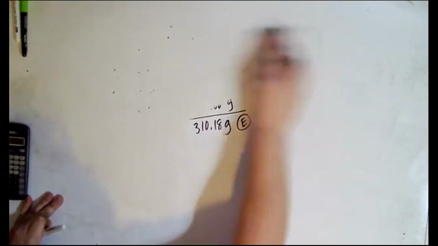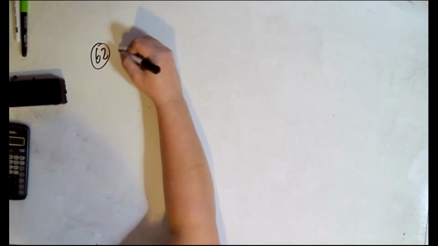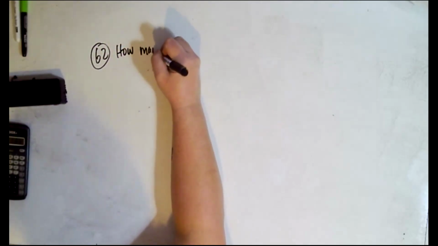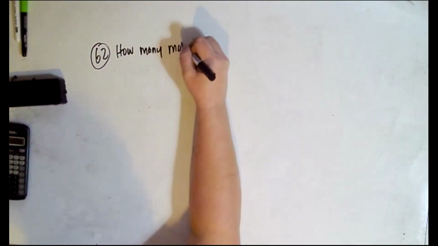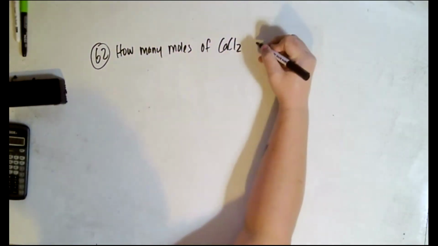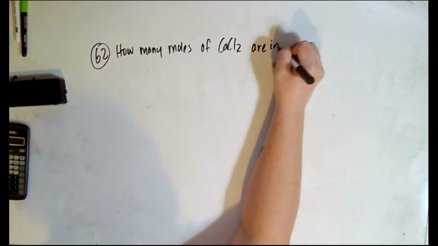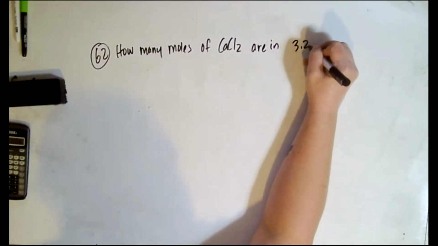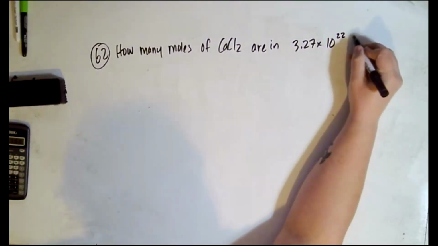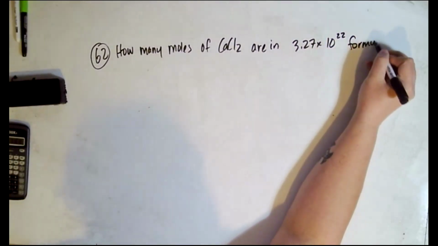All right. Question number 62 says how many moles of CaCl2 are in 3.27 times 10 to the 22 formula units.